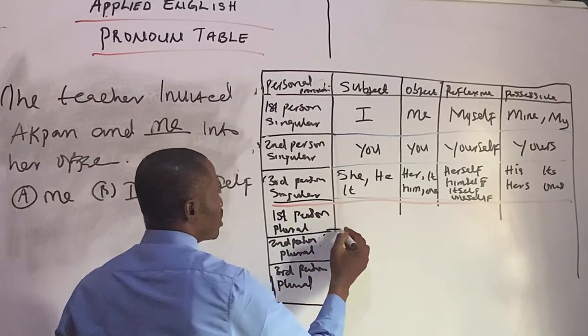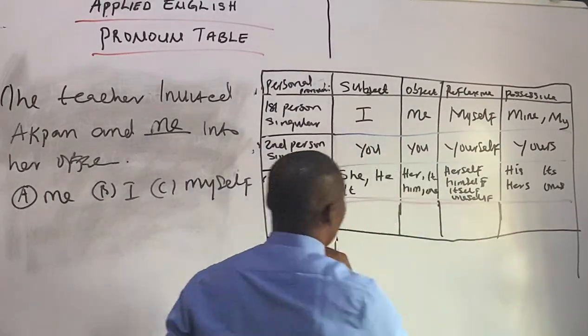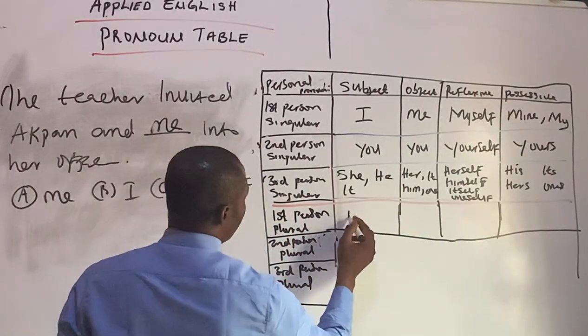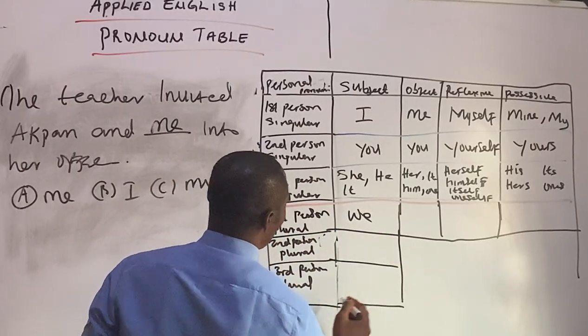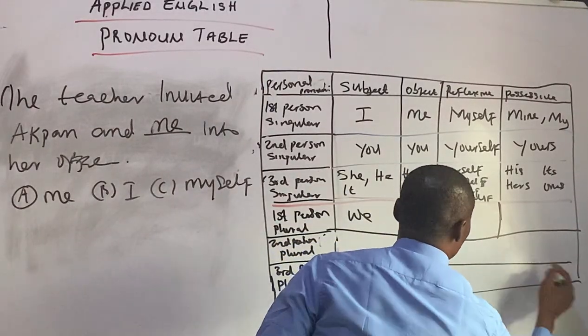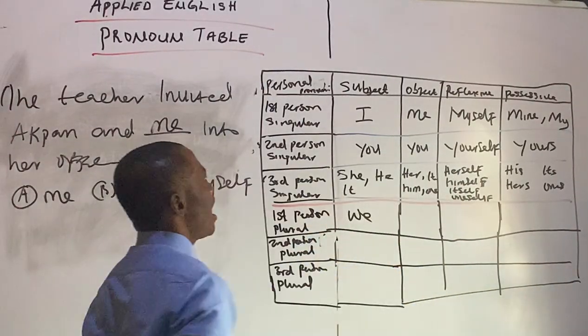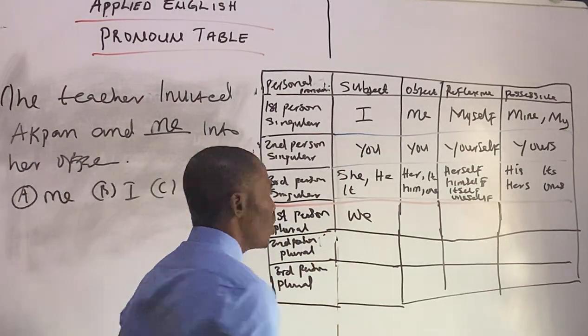All right. For the first person plural, what do we have there? At the subject level, we have we. At the object level, we have us.